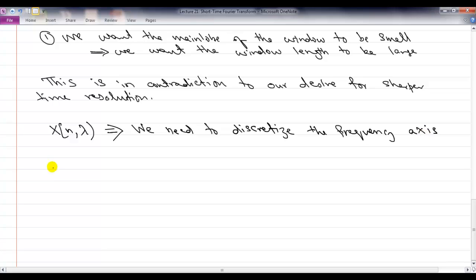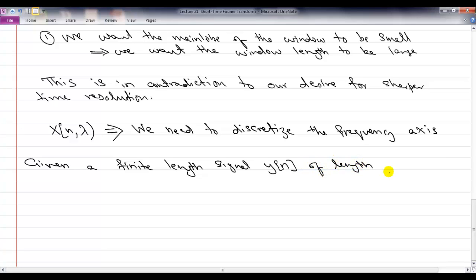So we know from early analysis that given a finite length signal, let's call it y[n] of length capital N, this finite length signal has some DTFT.